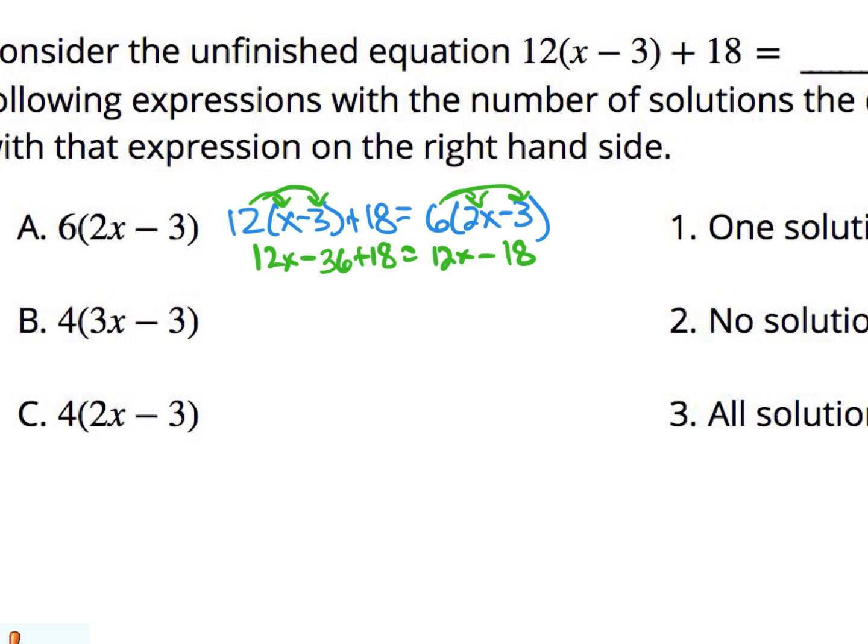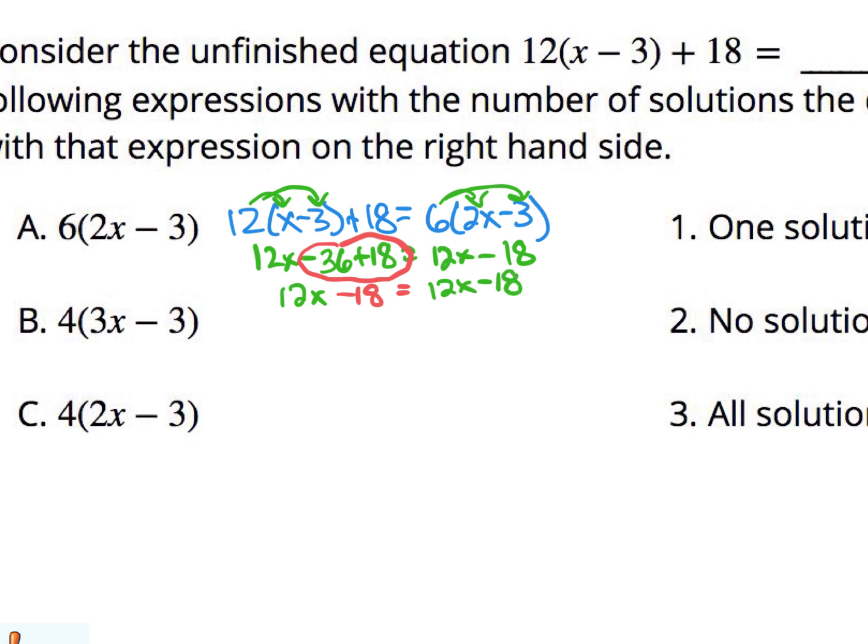Yes, so let's combine negative 36 and 18. Put that together, we're going to get negative 18. We're still going to have our 12x, and then 12x minus 18.